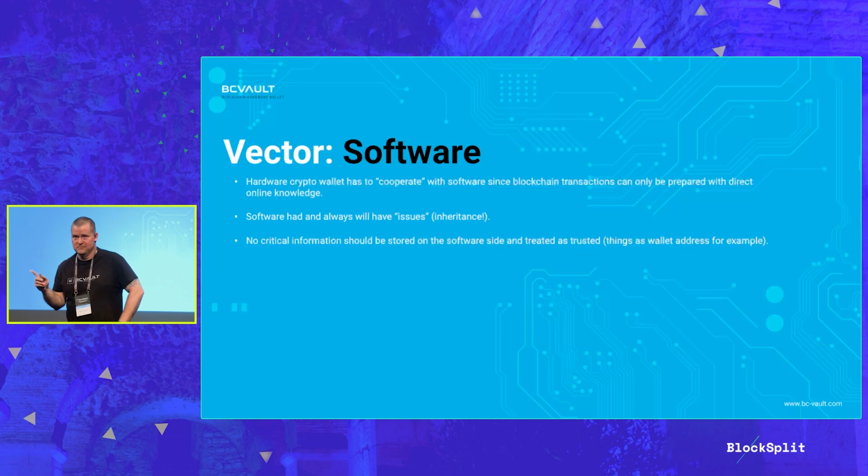No, no, no. You get the address from the device, and then you show the address. And then the user has to have the possibility to ask the device, is this the real address? And then the device on the display has to show the address and confirm that it's the same address. Because a lot can happen on the software side.